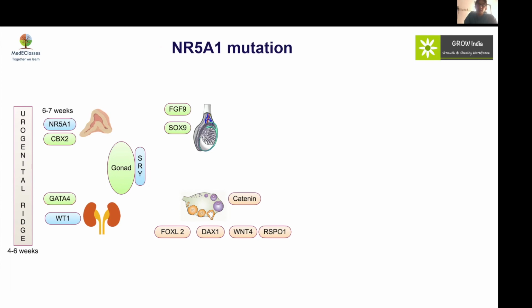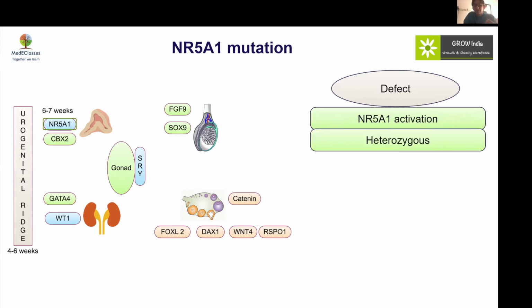NR5A1 mutation, again, as I told earlier, is responsible for adrenal gland development as well as testis development. So NR5A1 activation will lead to the development of testicular tissue along with excess androgen.